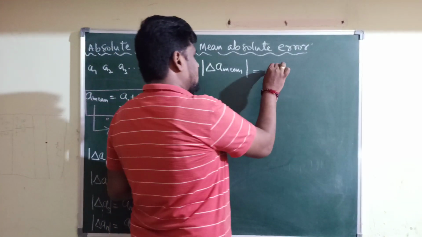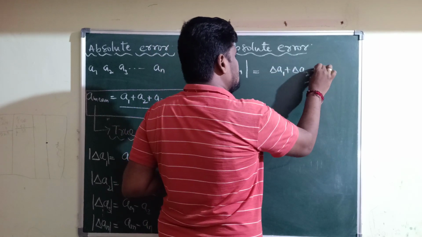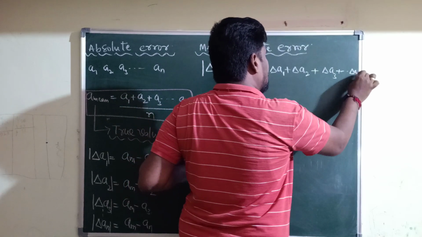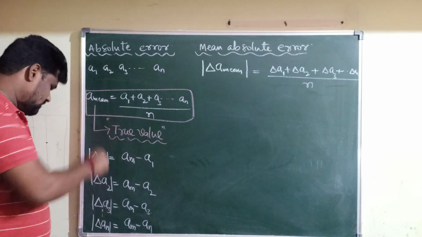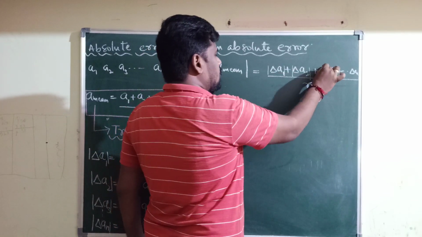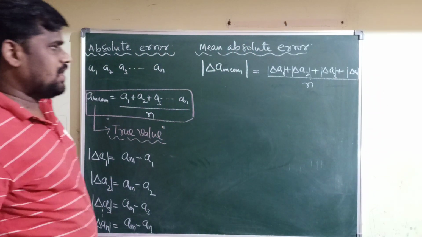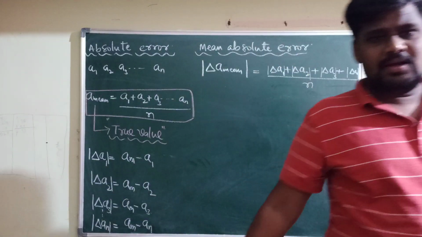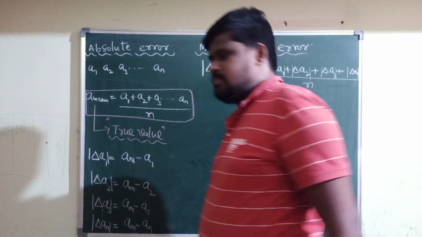It is given by delta A1 plus delta A2 plus delta A3 up to delta AN, divided by N. That is, mod of delta A1 plus mod of delta A2 plus mod of delta A3 up to mod of delta AN, divided by N. It is called mean absolute error in the measurement.